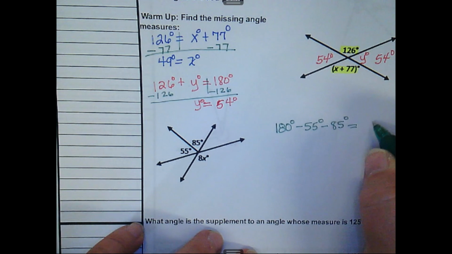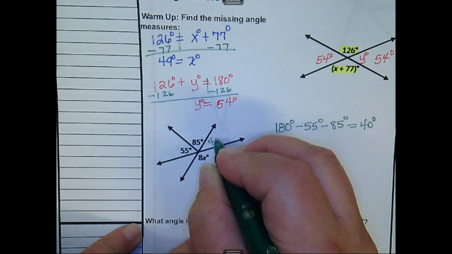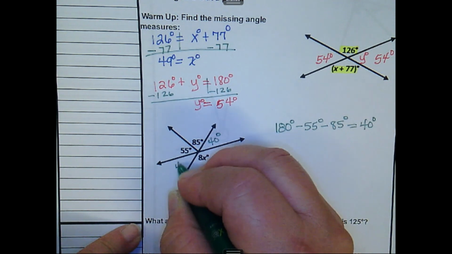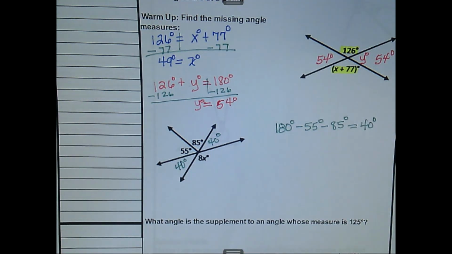So that is equal to 40 degrees. This is 40 degrees and this is 40 degrees. Okay, now the next question is, what else can I do? There's two different ways of finding x. What are they? Which way do you see it?